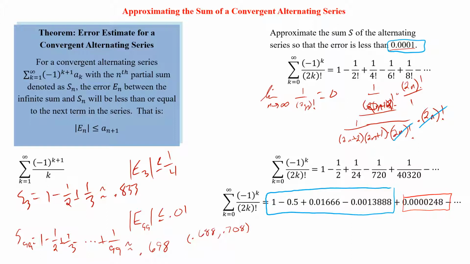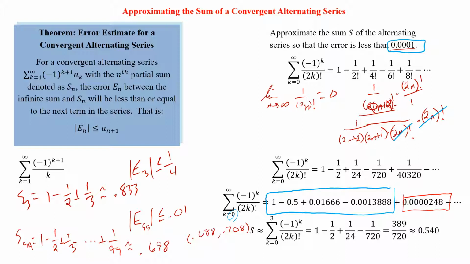I'd say it's the first three because it would be the S3, but notice here we're starting at 0, so it's actually the first 4 terms, whatever. We add these up. I would use the fractions to add them up to get 389 over 720, which is about 0.540 plus or minus 0.0001 will give us the sum of that alternating series.